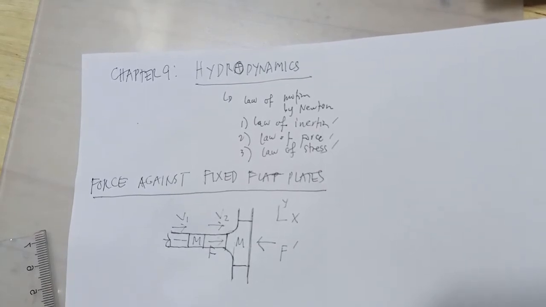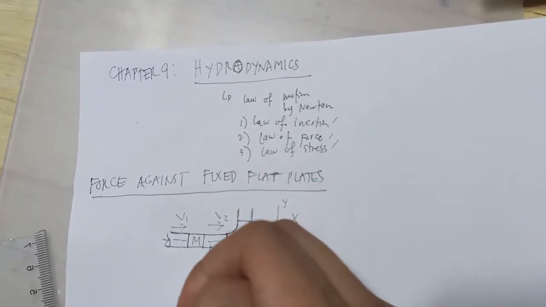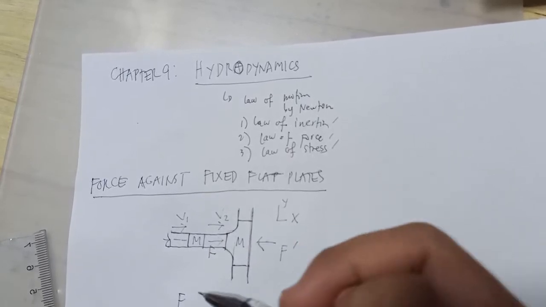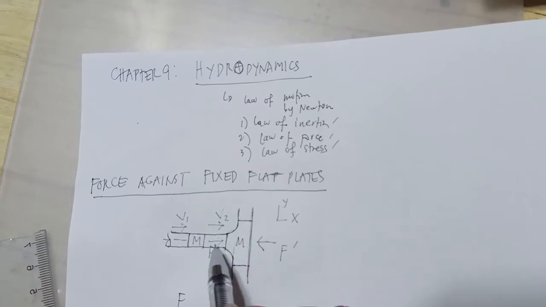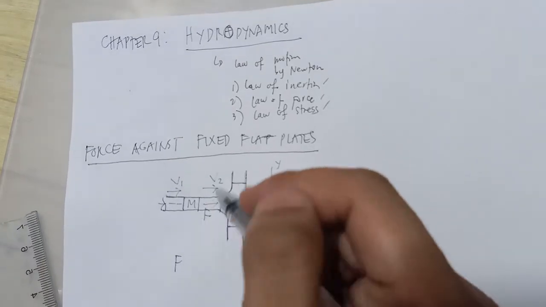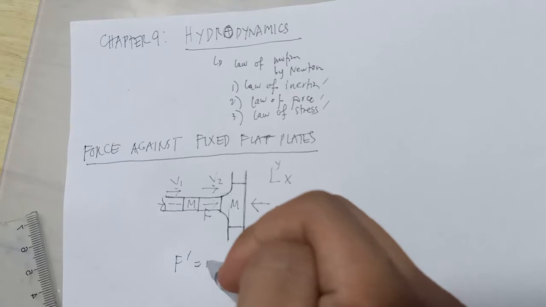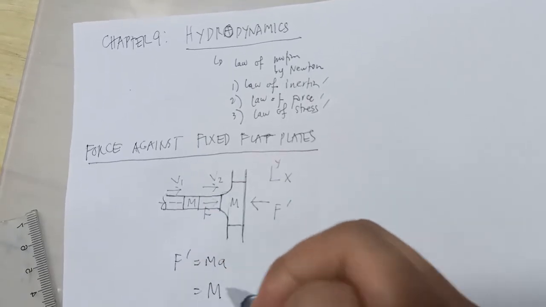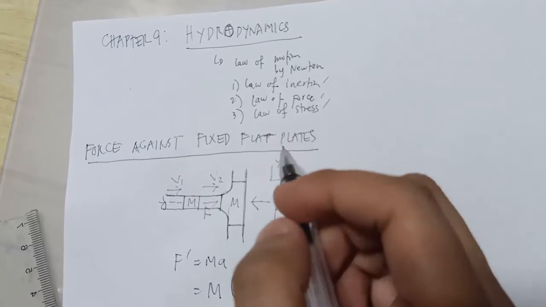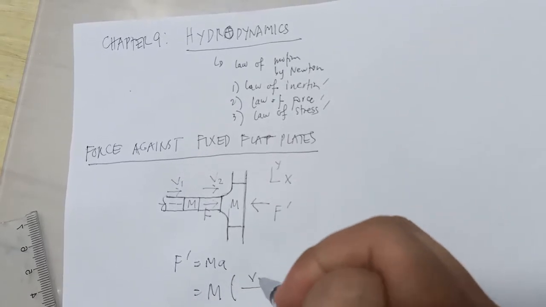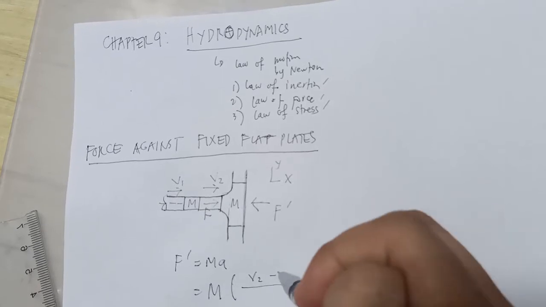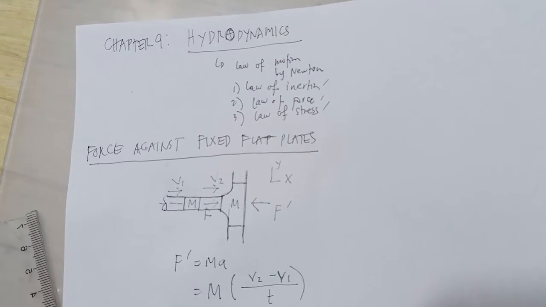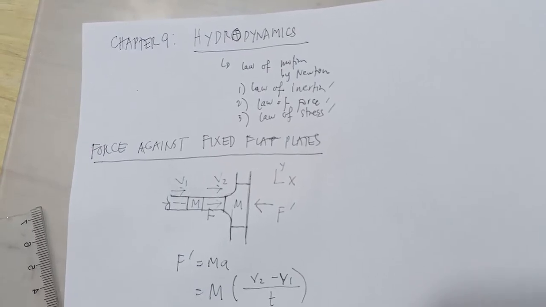So by Newton's second law of motion, wherein F prime is the force exerted on the body, F prime equals mass times acceleration, wherein the acceleration is v sub 2 minus v sub 1, the second velocity minus the first velocity, all over the time.